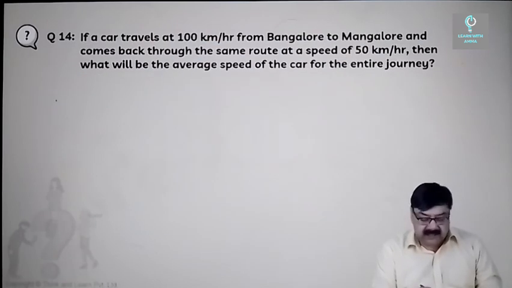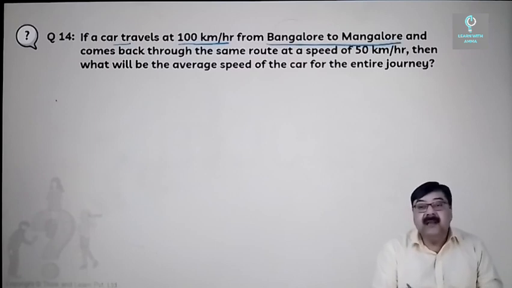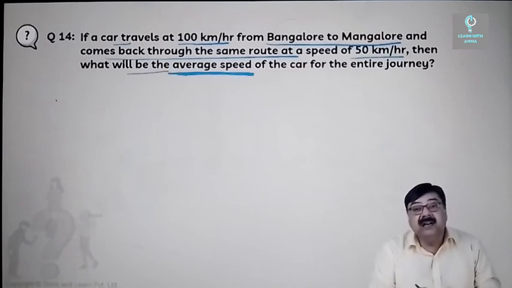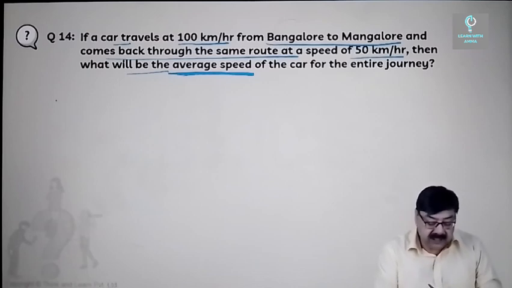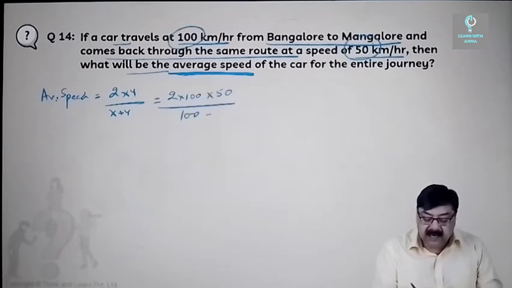Now similarly for this question, if a car travels at 100 kilometer per hour from Bangalore to Mangalore and then comes back through the same route at a speed of 50 kilometer per hour, then what will be the average speed of the car for the entire journey? So average speed, as we know, is 2xy by x plus y. That is 2 into 100 into 50 by 100 plus 50.